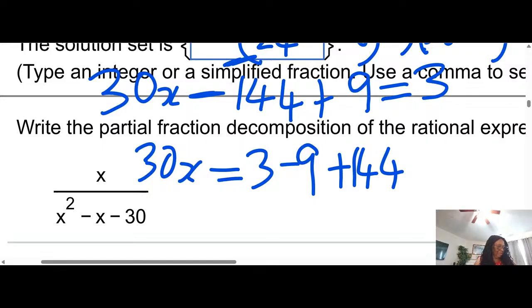You can use your calculator if you have a calculator. So I have 144 minus 9 plus 3, and I have 138.